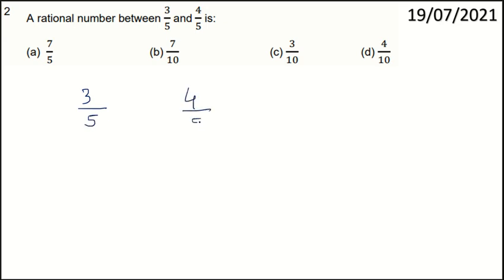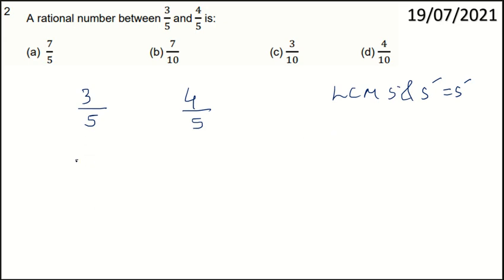If it is already in the same denominator, we have to find a little bigger multiple of the LCM of these denominators, let us say 10.